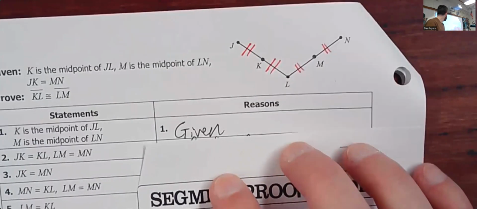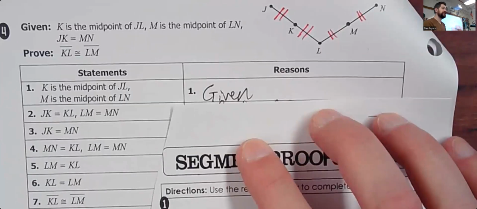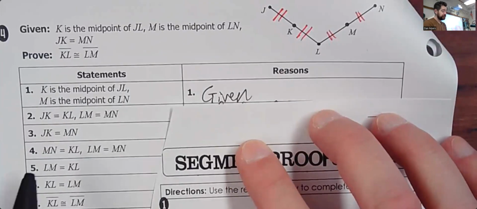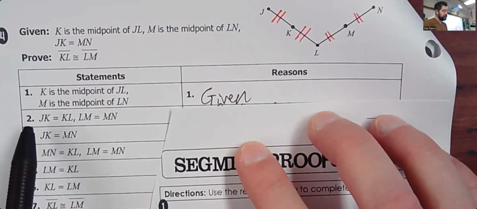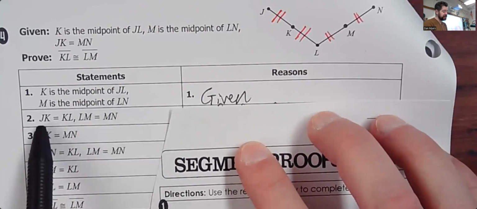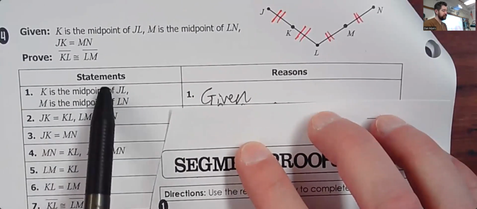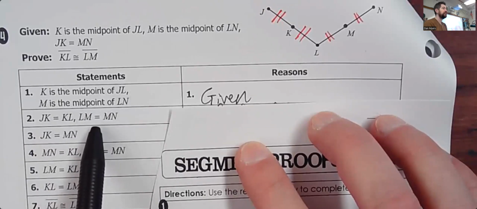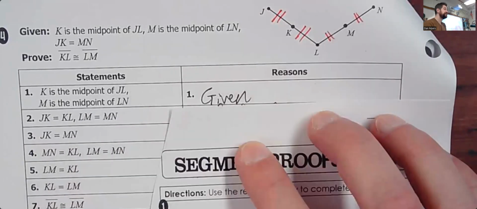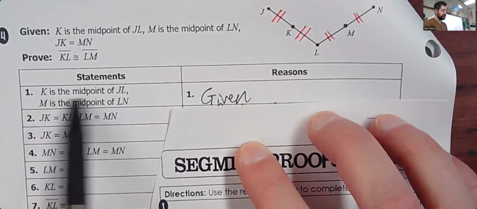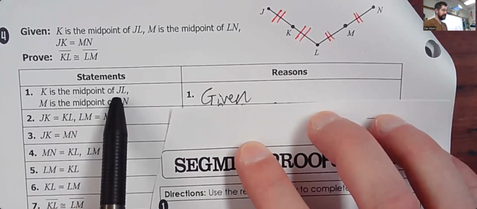Now, oftentimes the next step relates directly to the previous step. So if you look at number 1 and you look at these two things and you look at number 2 and you look at those two equations, what do you think it's going to be based on what you can see on the diagram? What does midpoint mean? Middle, meaning what?